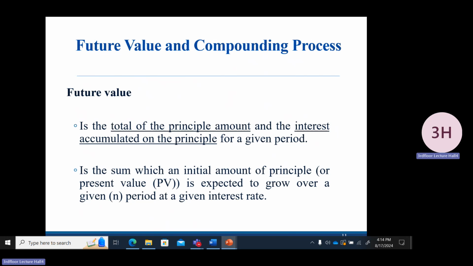Suppose you invest 1,000 rupees in an investment account or a savings account, which pays 10% interest per month. For your understanding, just take this as 10% per month. You are getting 10%.